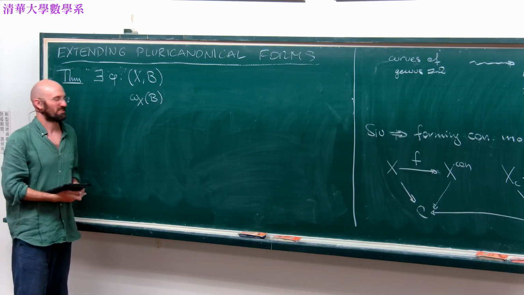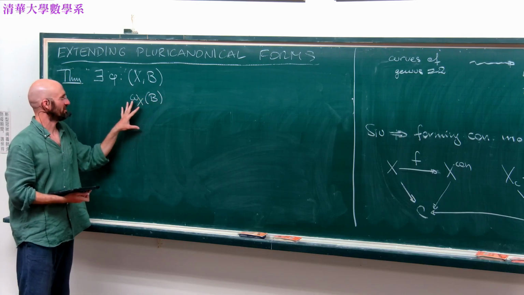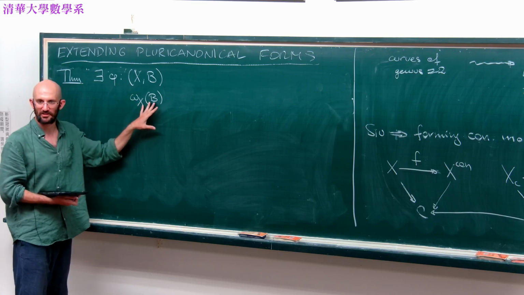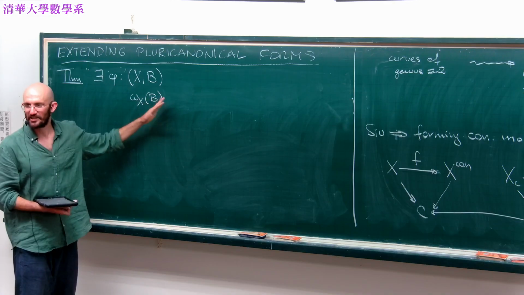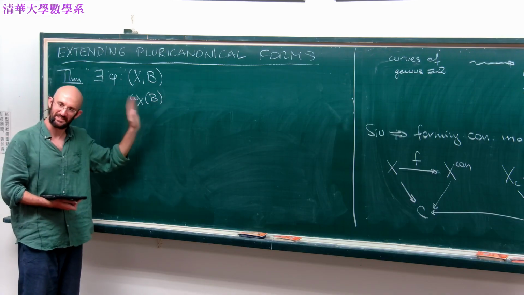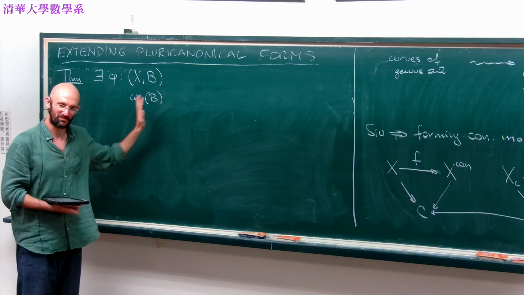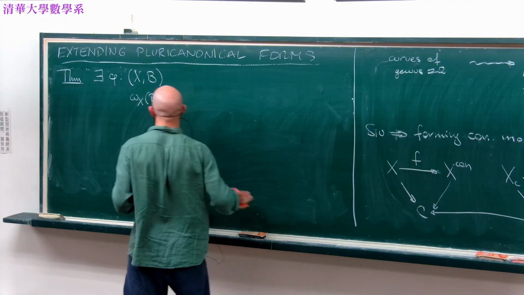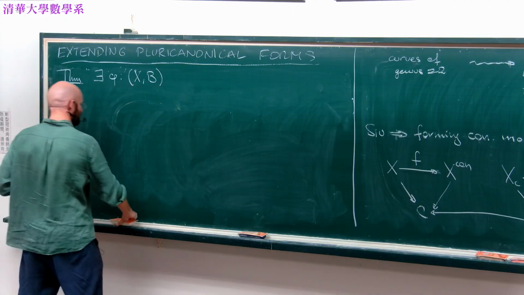Roughly speaking, this amounts to considering pluricanonical forms with poles prescribed along this divisor. You can get rid of B, it's just that it's a bit complicated, and to get an idea of what's going on, it's easier if I just allow myself to incorporate a divisor.